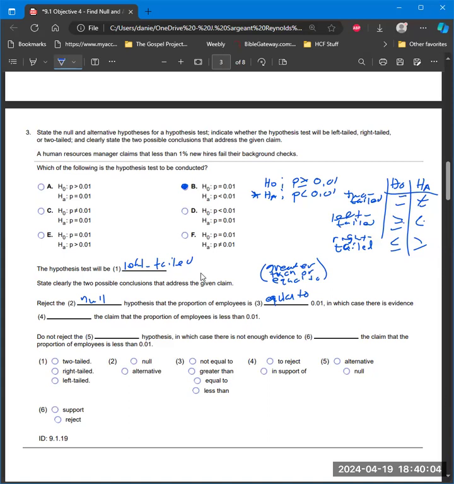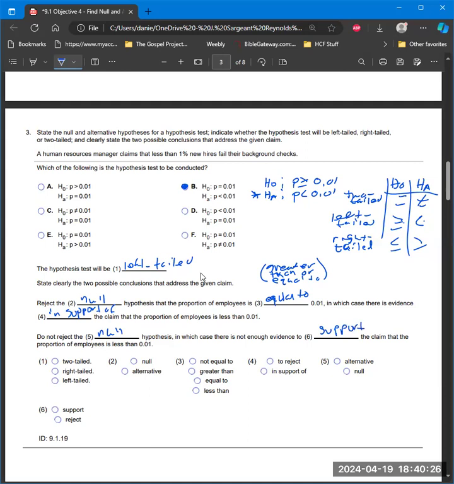In which case there is evidence in support of the claim, or we reject the null and there's not evidence to support the claim.